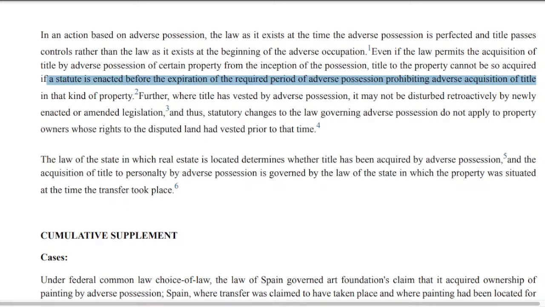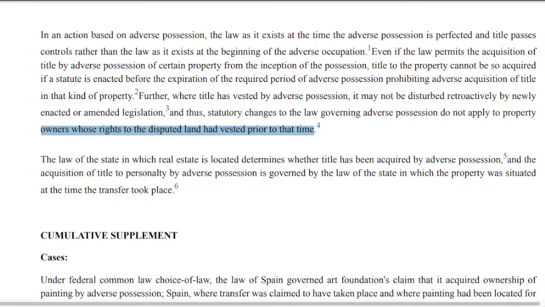Okay, so it seems like this is like a grandfathering in clause here. Further, where title has vested by adverse possession, it may not be disturbed retroactively by newly enacted or amended legislation. There you go. And thus, statutory changes to the law governing adverse possession do not apply to property owners whose rights to the disputed land had vested prior to that time. So, timing is everything with these adverse possessions.